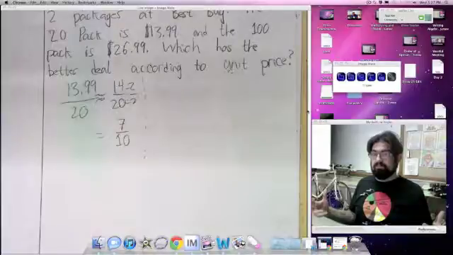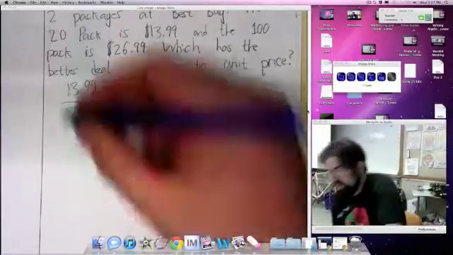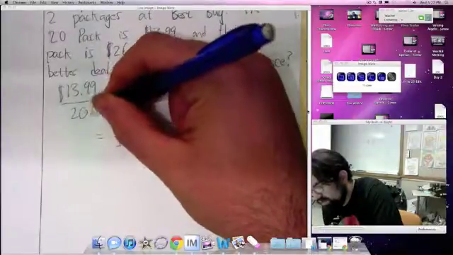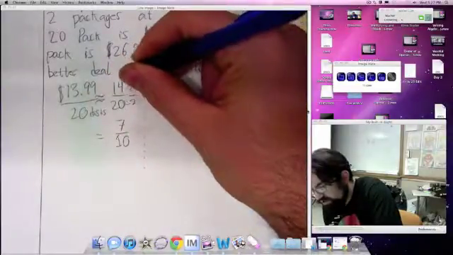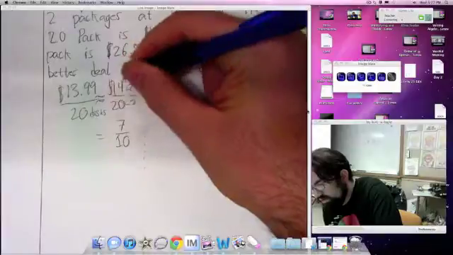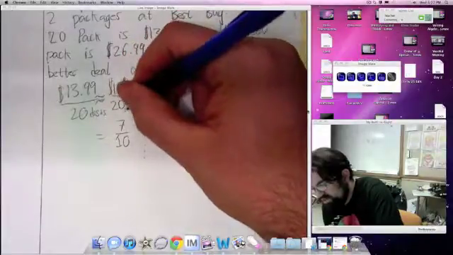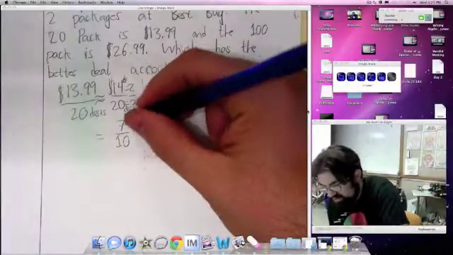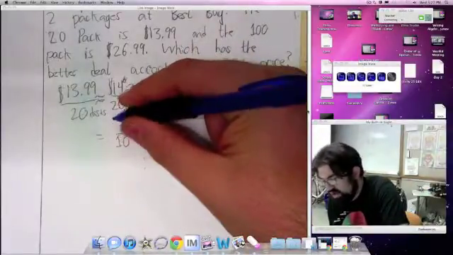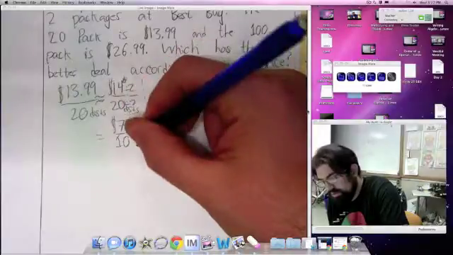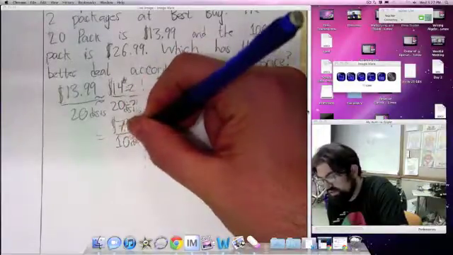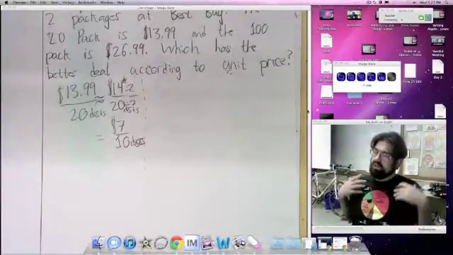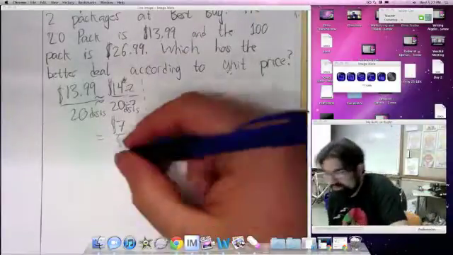Right? And by the way, this is dollars. This is 20 discs. So it's about $14 for 20 discs, which if I simplify means $7 for 10 discs. Right? What's 7 over 10 turn into?